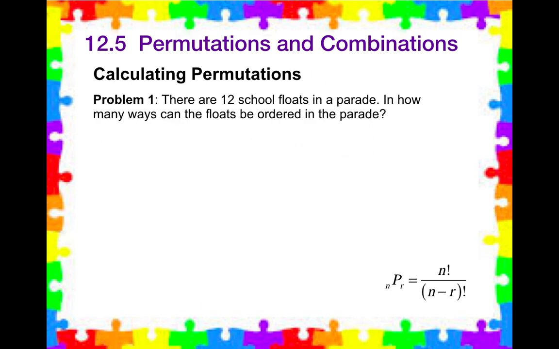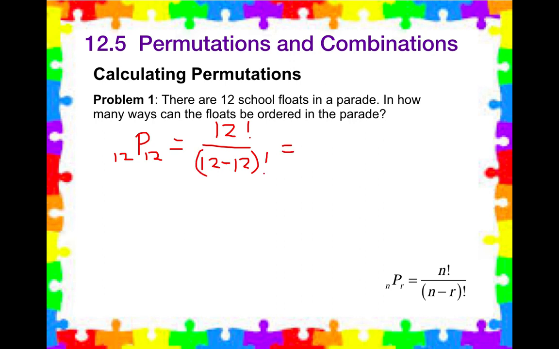Now here we have 12 school floats in a parade. How many ways can the floats be ordered in the parade? What that is just we have 12, and we're going to order all 12 of them, so all the different ways we can do that is going to be 12 factorial over 12 minus 12 factorial.